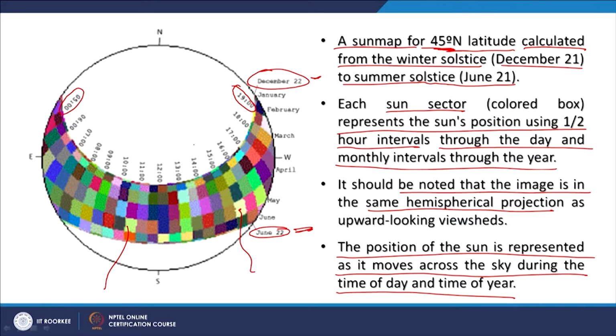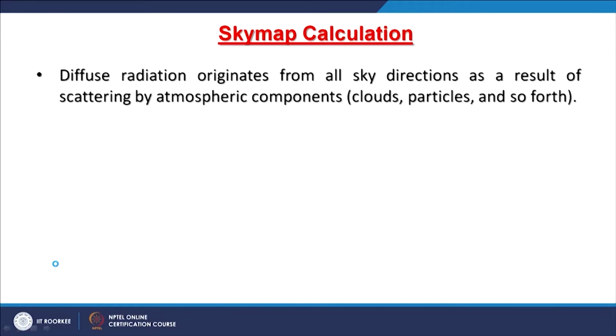Say I start at 10 o'clock, 10 a.m. Now 10 a.m. in the month of February or March or June, say in May. That means this is the position of the sun in May. So this is how this sun map will depict all these details. Hindrance is not yet there, that will also come.